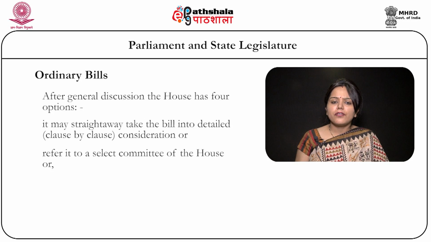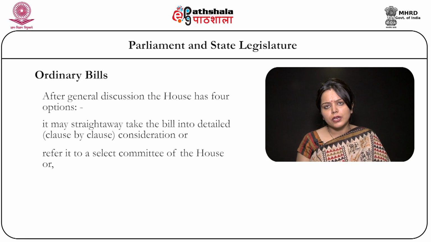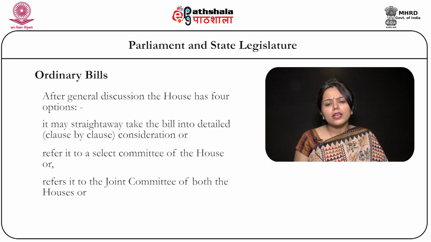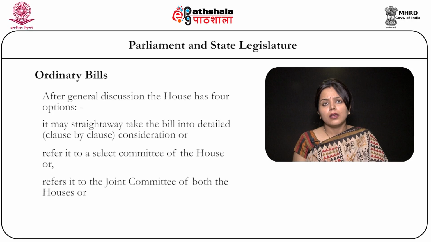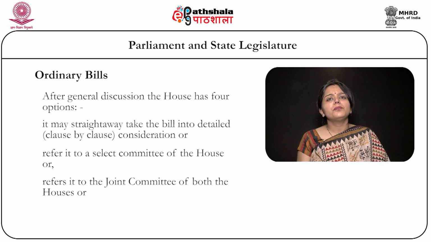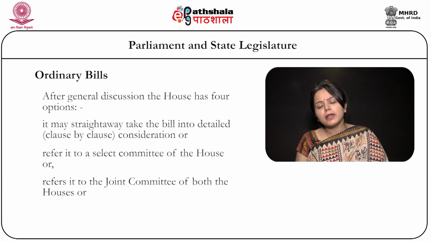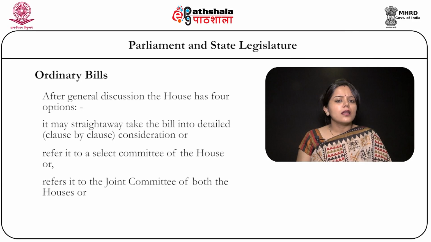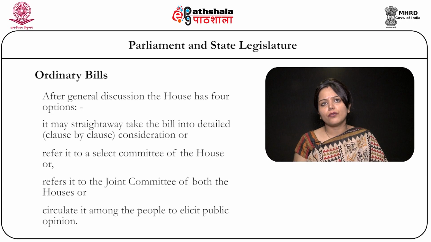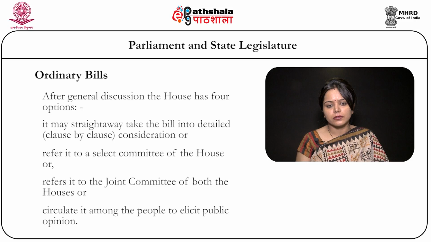Secondly, it may refer it to a select committee of the house. Thirdly, it circulates the bill among the people to elicit public opinion. And the last one, it can also refer it to the joint committee of both the houses.